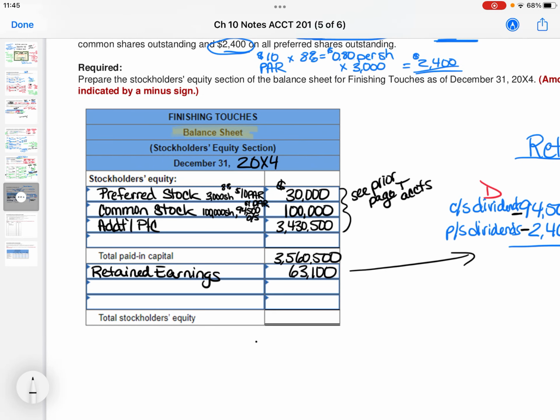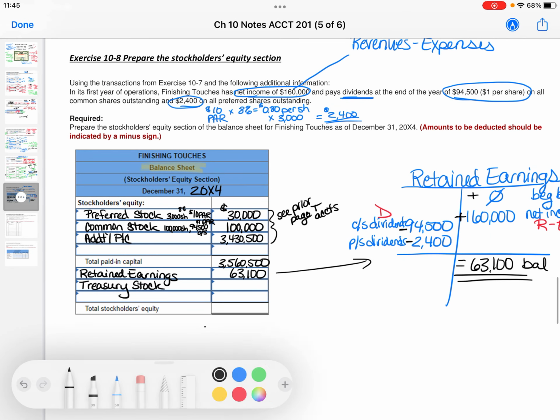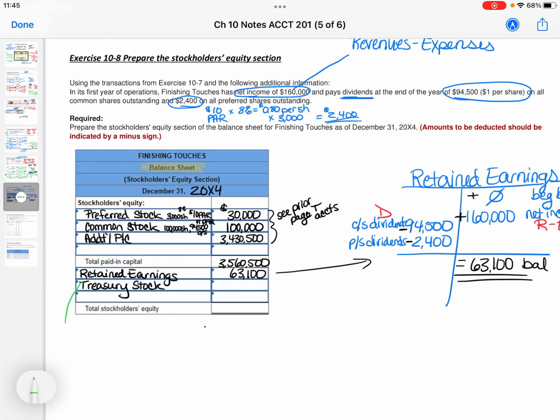I still need to include that. Treasury stock is a contra equity. So yes, it's still included with the equity accounts. However, because it is a contra equity, it is subtracted. If we remember correctly from the other side, it had a debit balance. Everything else here is a credit balance.